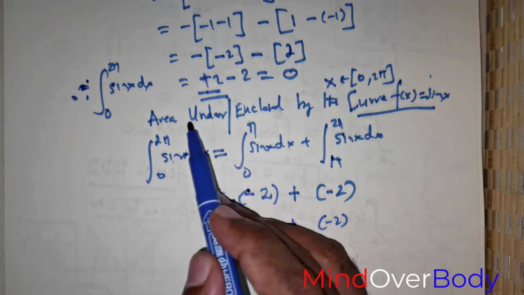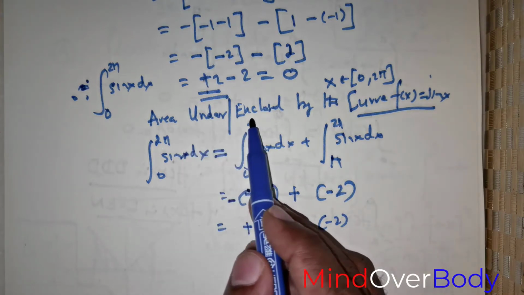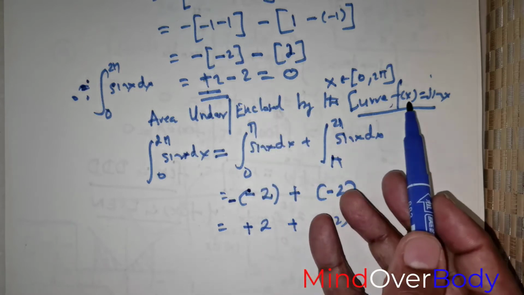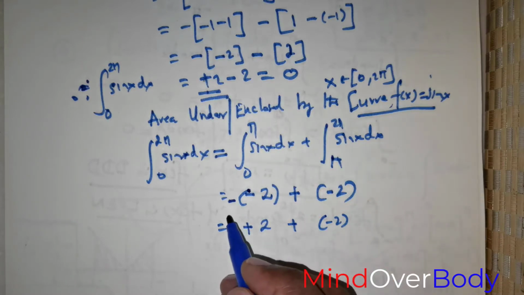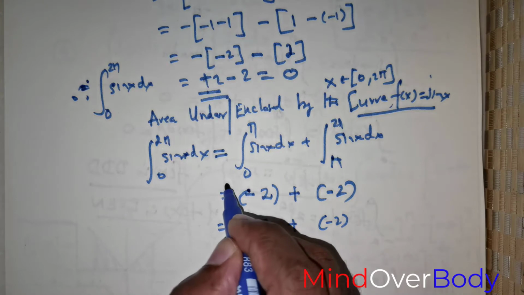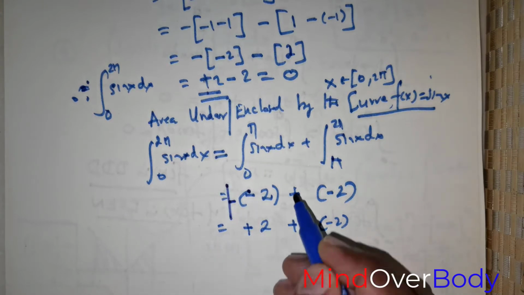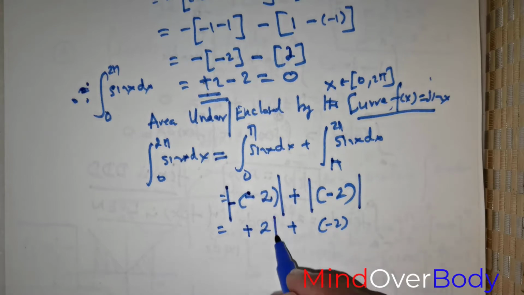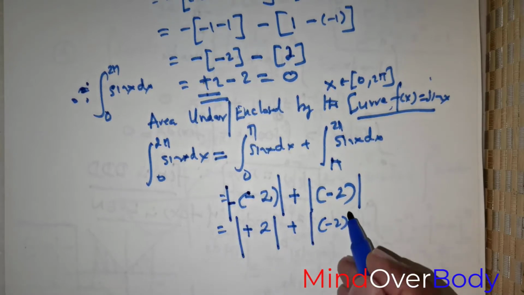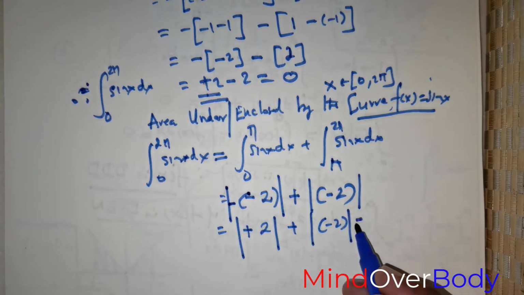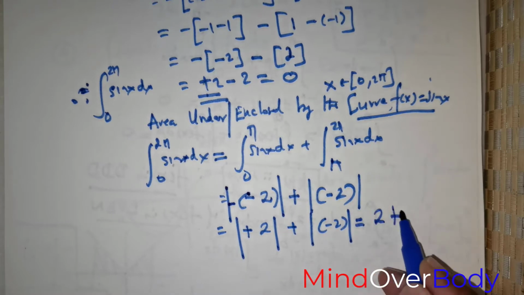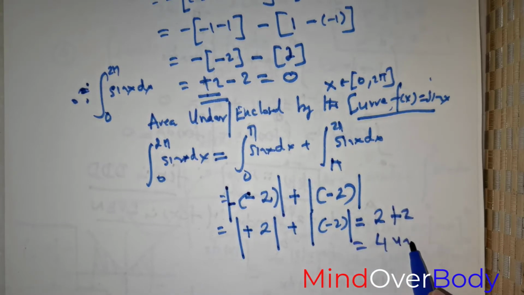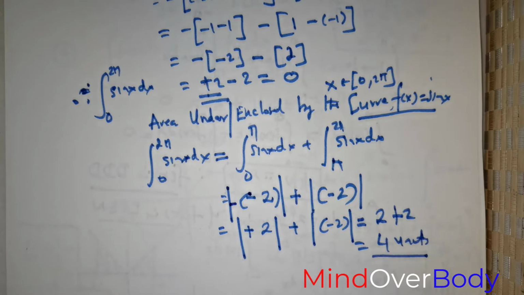But since we are asked to obtain the area enclosed by the curve f of x is equal to sin x, the biggest thing in this case is area is never negative. So these two things will be featuring inside the modulus, right? And that would mean the outcome is going to be 2 added with 2, which is equal to 4 units. So that is the important point we will have to take into consideration.